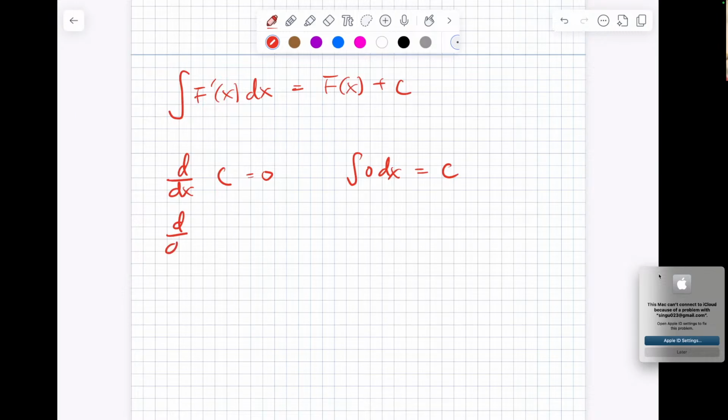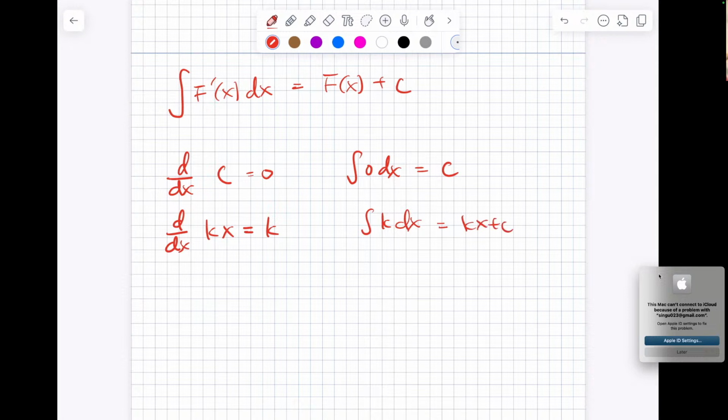If I take a derivative of kx, it is equal to what? k. What's the integration of k dx? kx plus c. Is that okay?